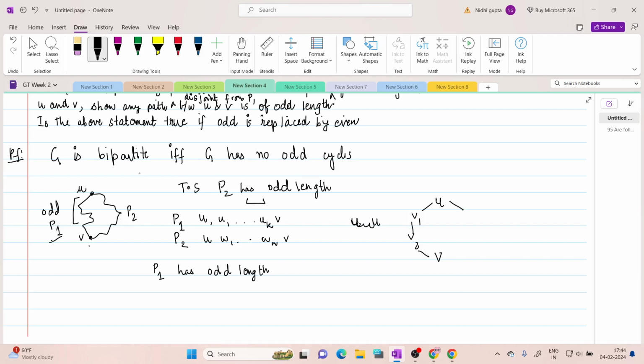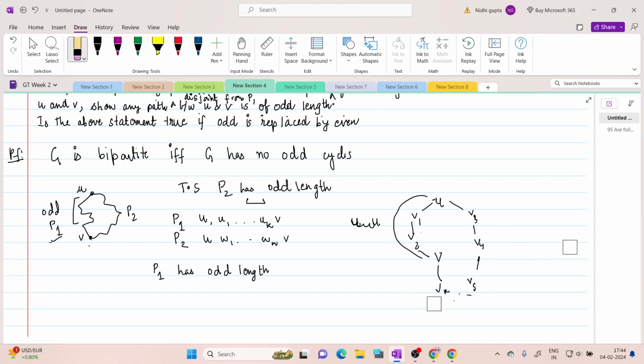And now suppose there is some other path, V3, V4, some other path which does not have V1 and V2, or U and V, from U to V. So this is odd length, right? So now this is path P1 and this is path P2. If I go from U to V and then back from V to U, I am getting a cycle, right?